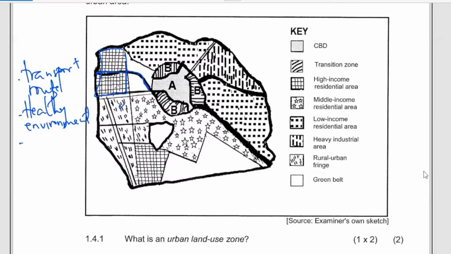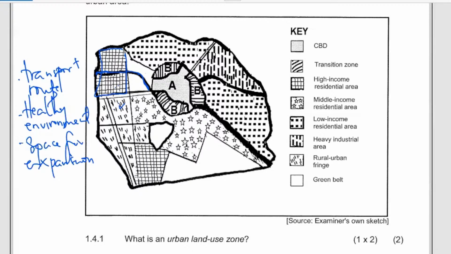So we tend to have fresh air there, a healthy environment on the outer part. And also, we can justify that there is space for expansion. Remember, high income areas take considerably bigger spaces of land compared to middle and low income. They need more space to expand and build well up-to-date structures. So there is also evidence of availability of space in the outer part of the built-up urban area.